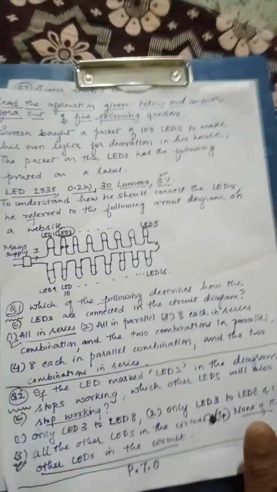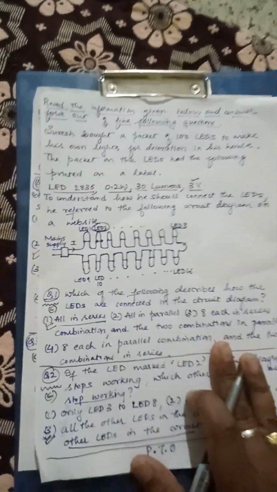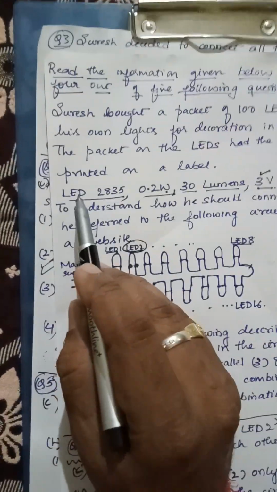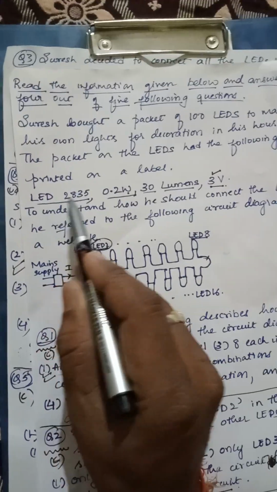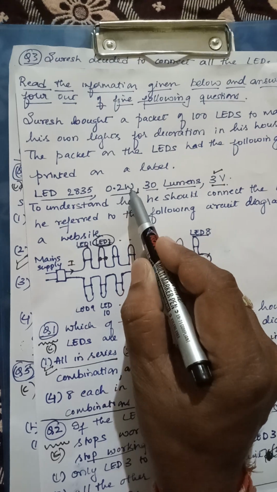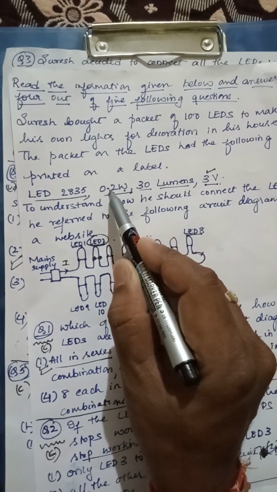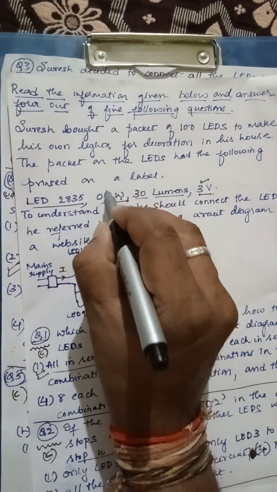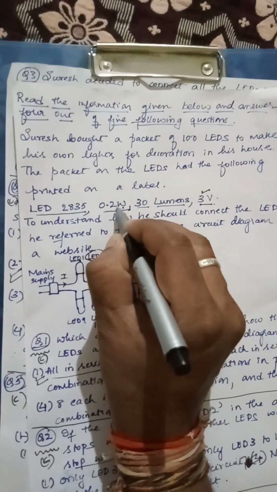So Suresh, a person by name Suresh, bought a packet of 100 LEDs. On the packet there was a label which was written like this: LED2835. That's the type of LED here. 0.2 W, here W is watts. That tells that the power rating of each LED is 0.2 watts. How do we know it is power?